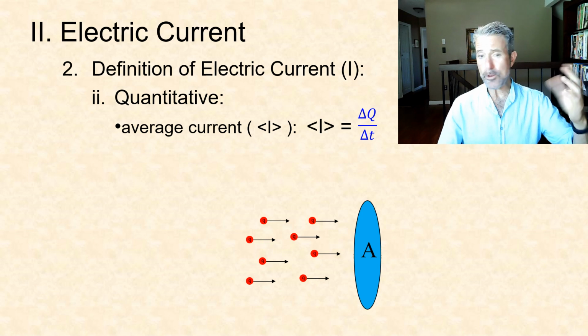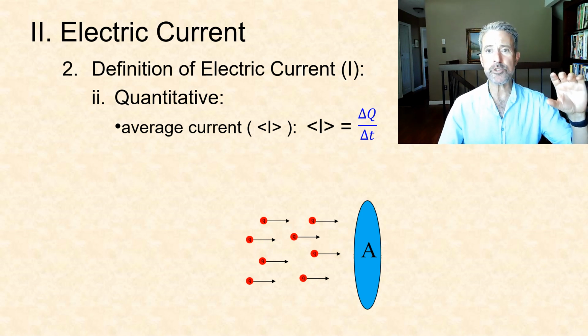Think back to our unit on kinematics when we distinguished between average speed and instantaneous speed.